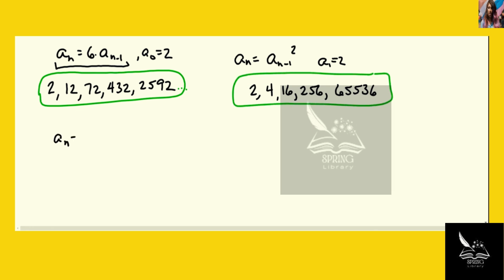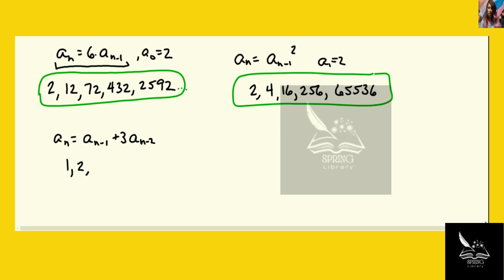Hey, what about number 3 here? This time I have a sub n equals a sub n minus 1 plus 3 times a sub n minus 2. And so in this case, they've told us that a sub 0, our first term, is 1, and a sub 1 is 2. So they've given us the first 2 terms.